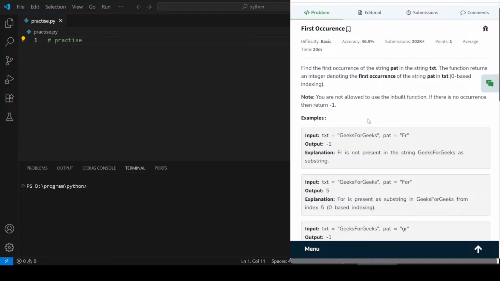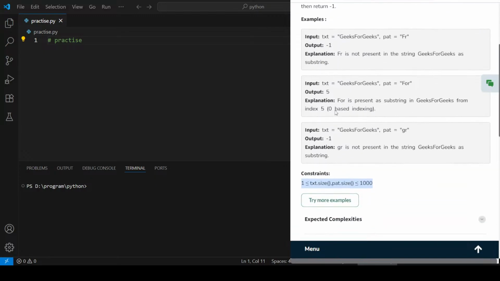Find the first occurrence of the string. See guys, in this example the output is 5, that is, in gigs for gigs the pattern is matching at index 5.